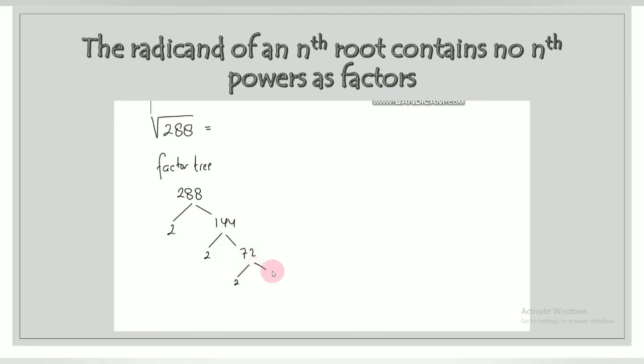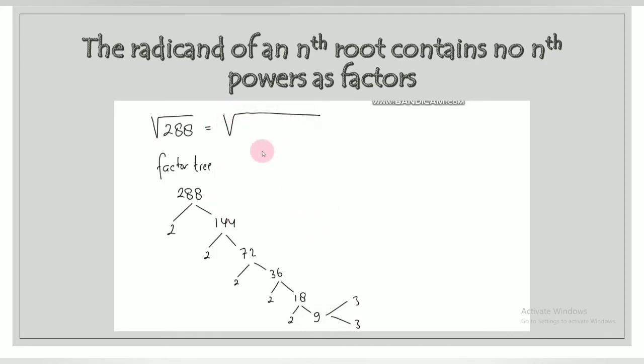To continue, I will find the factors and check if the radicand has powers with exponents greater than the root index. If there is, it means we need to simplify it.